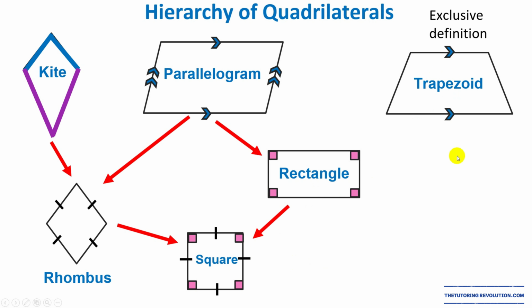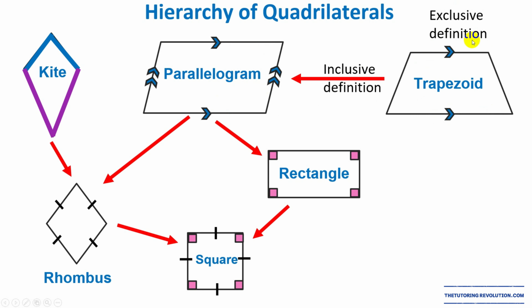Now, a trapezoid. The exclusive definition of trapezoid is that only two sides are parallel to each other. The inclusive definition says that at least one pair of sides are parallel to each other. So for the inclusive definition, parallelograms are also trapezoids.